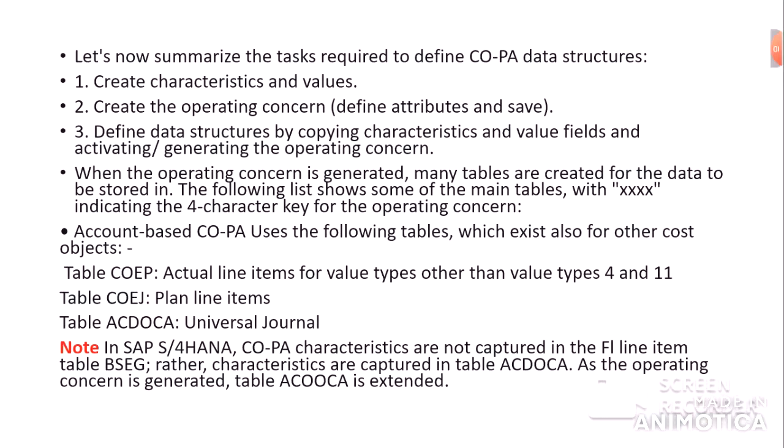Account based COPA uses the following tables which exist also for the other cost objects. Table COEP, actual line items for value types other than value types 4 and 11. Table COEJ, plan line items. Table ACDOCA, Universal Journal.